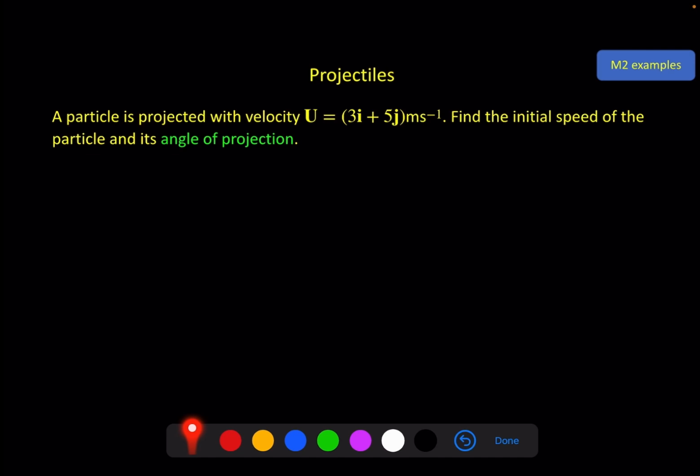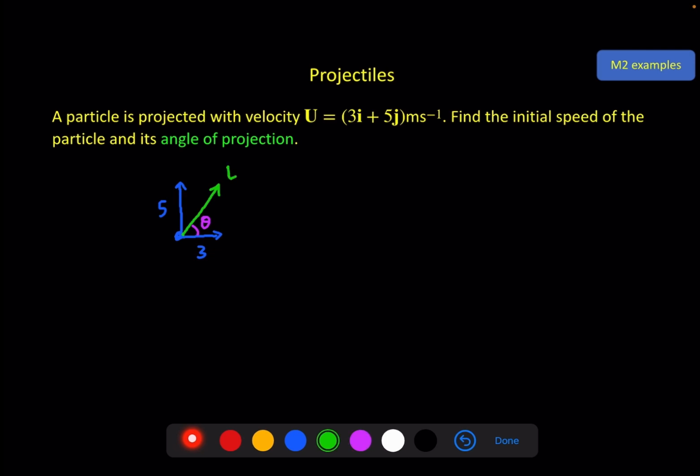So to do this, we've been given the two different components. We've been told that the particle is projected with 3i meters per second, so that's in the horizontal direction, and 5j meters per second, so that's in the vertical direction. Which means on my diagram, it will be something like this. And just be careful to label your angle so that the examiner knows which angle you're looking at.